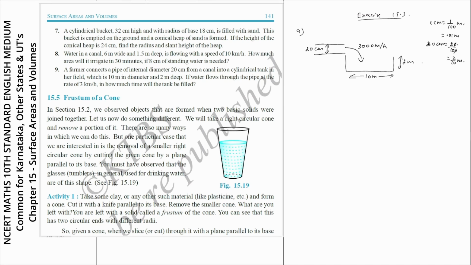The rate of flow of water is given as 3 kilometers per hour. That means 3 kilometer per 60 minutes. Kilo means 1000, so that is 3 into 1000 meters per 60 minutes. So the rate of flow of water is 3000 meters in 60 minutes.